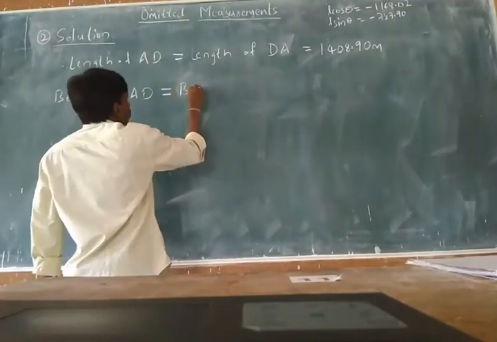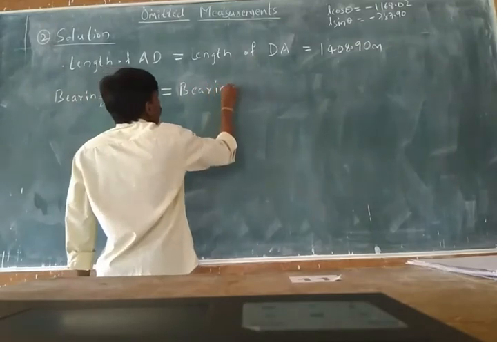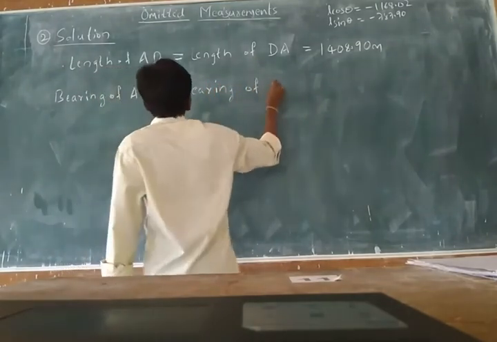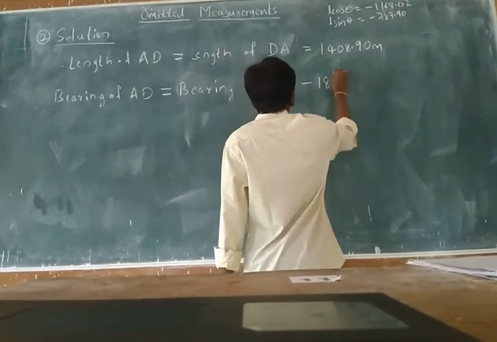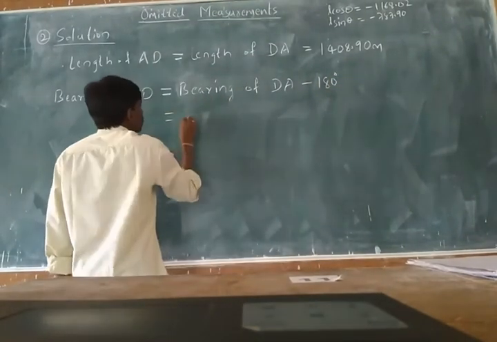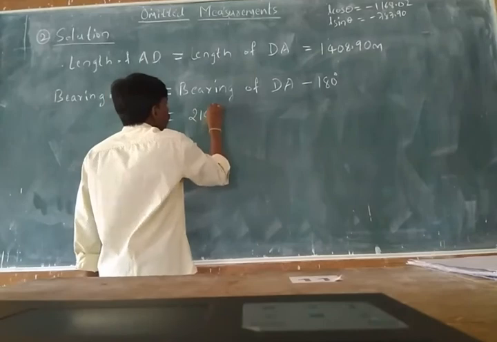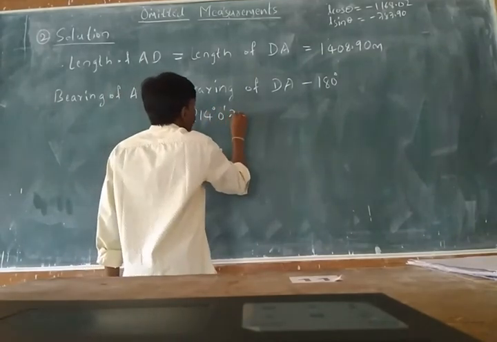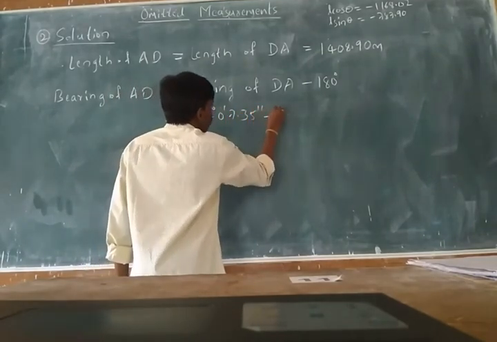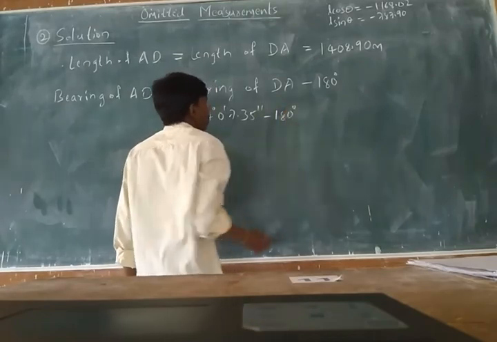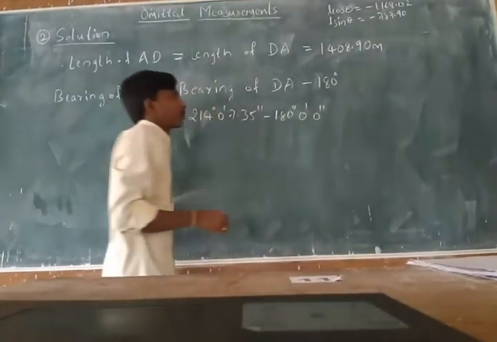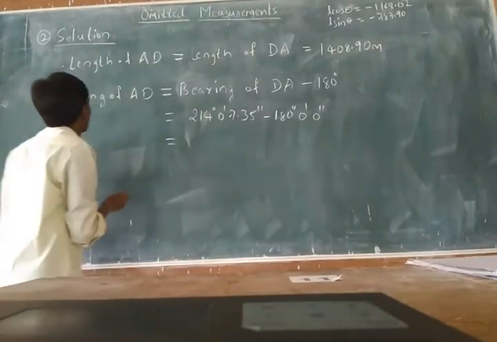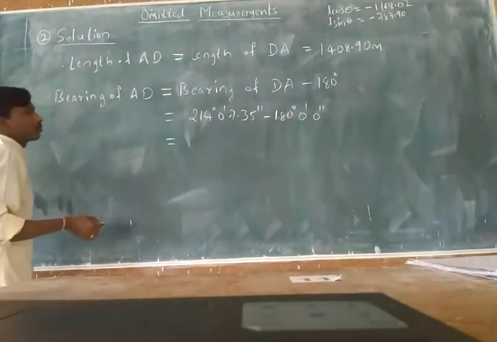So the formula says bearing of DA minus 180 degrees.